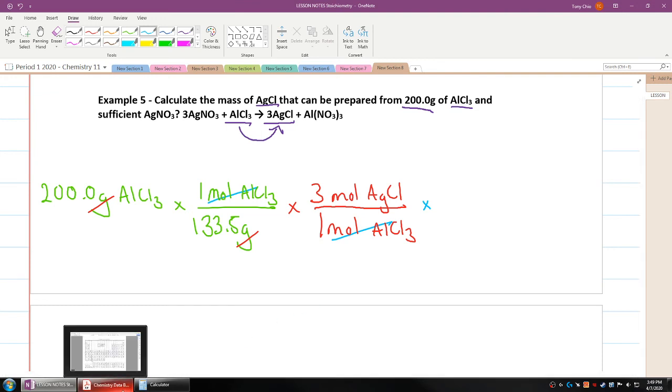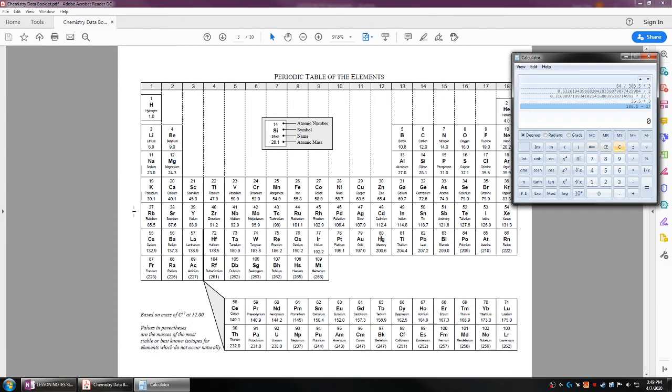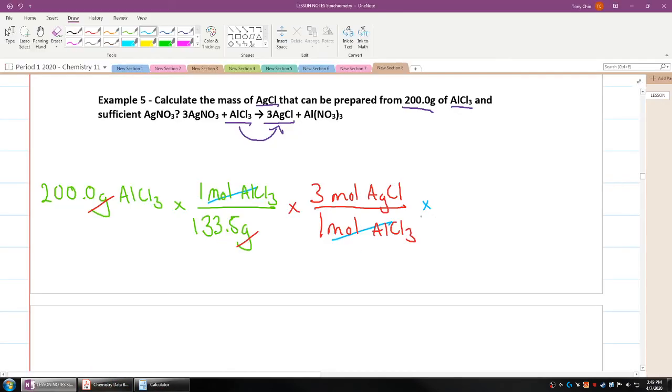So mass of silver chloride, again, based on our periodic table, silver is right here, 107.9 plus 35.5. And I should get a mass of 143.4. So 143.4 grams over 1 mole of silver chloride. And that should cancel my moles of silver chloride.